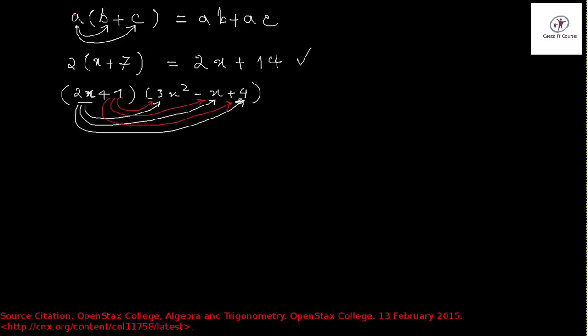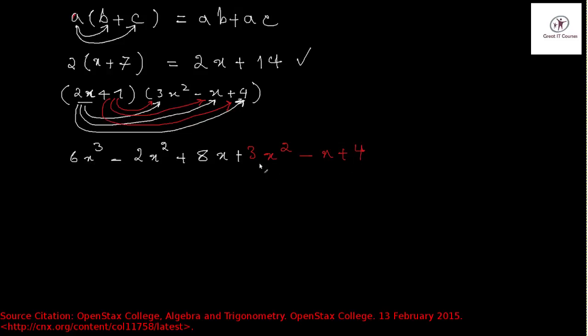So in this case, you would get 2x into 3x squared is 6x cubed, and then 2x into minus x is minus 2x squared, and then 2x into 4 is 8x, and then this is just 1, so you write the same thing over here: 3x squared minus x plus 4. Then you combine everything together.